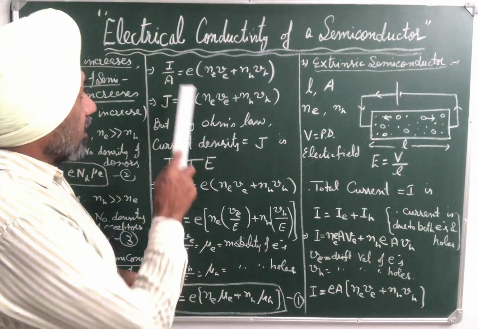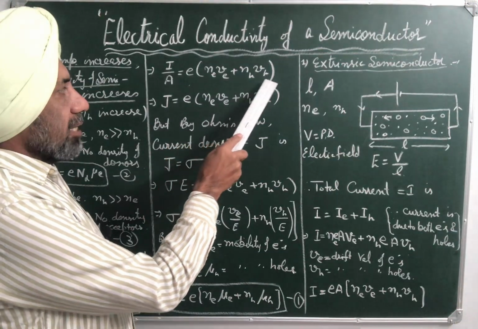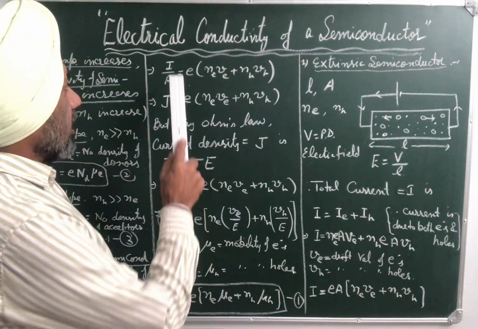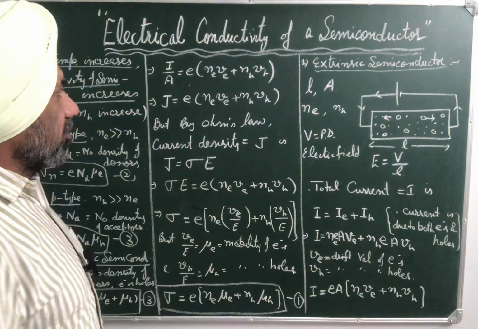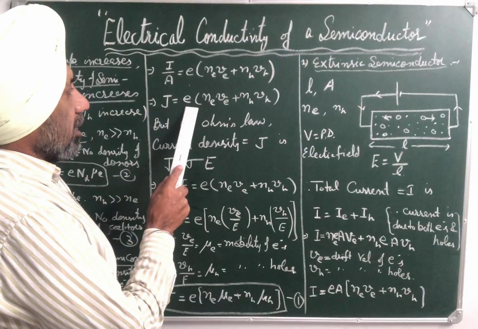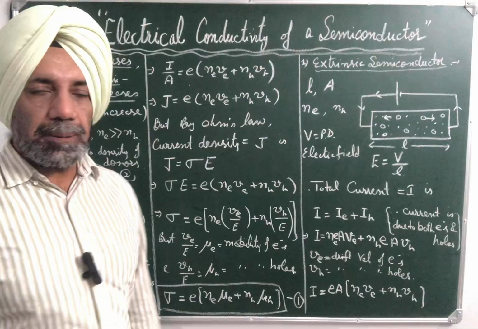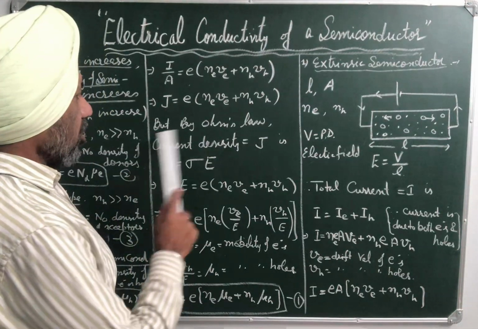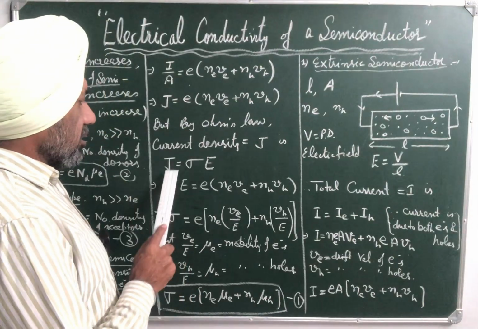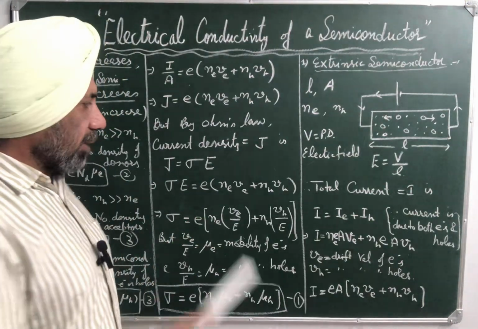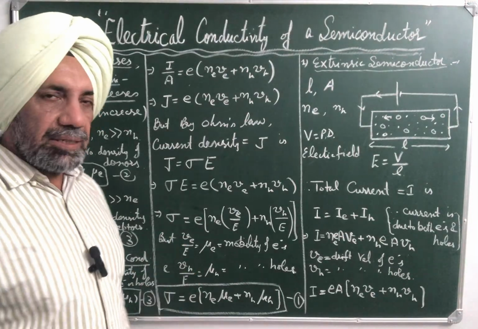Now dividing by A throughout, I/A = e (Ne Ve + Nh Vh). But I/A is called current density, current per unit area. So J = e (Ne Ve + Nh Vh). Now by Ohm's law, current density is given by J = sigma E, where sigma is the electrical conductivity of the semiconductor, E is the electric field, and J is the current density.